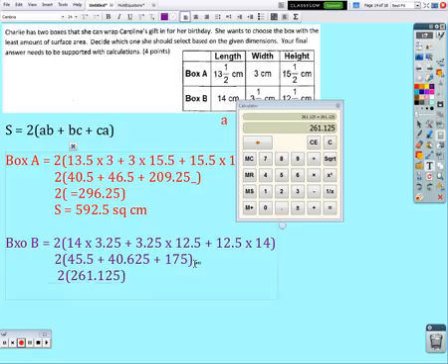We multiply that by 2, and I get 522 and a quarter, and that should be square centimeters. Which box should I use? Box B. All right, you have a nice answer key for tomorrow. Sorry about the technology there.